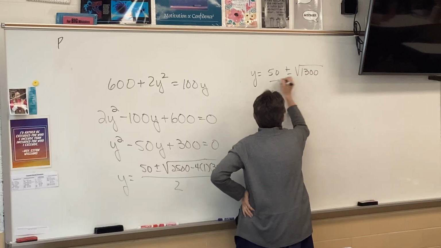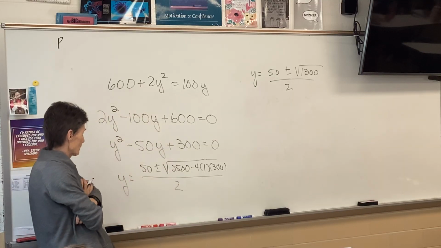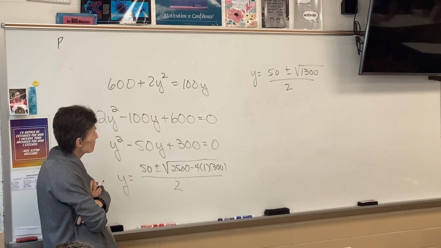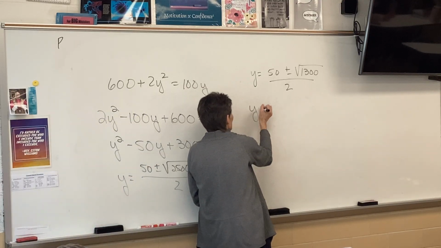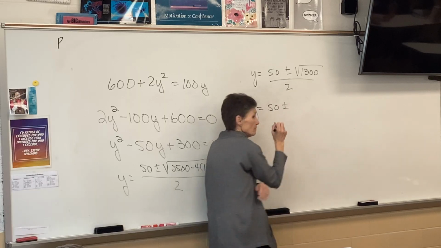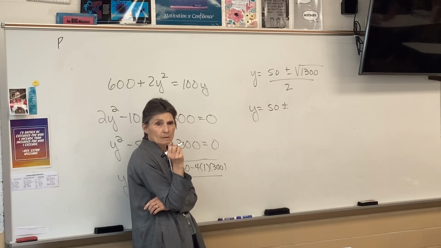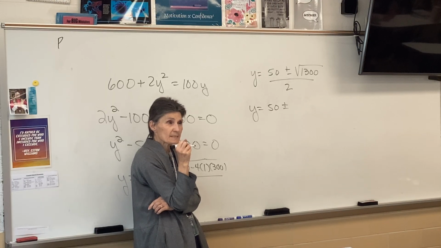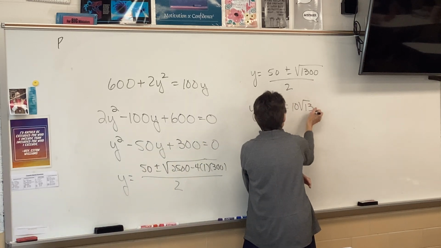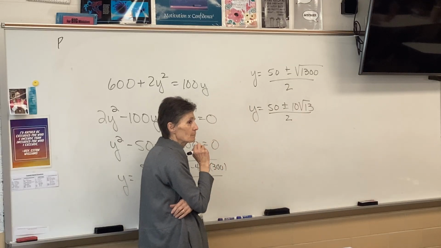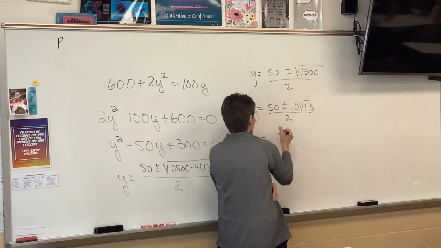Yeah. Can I do anything with the square root of 1300? Isn't it 13 times 100? Yeah. So 10, 10, 10, 13. Sorry. And then I can cancel a 2 out of everything.